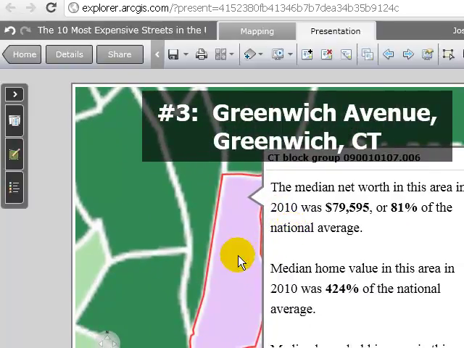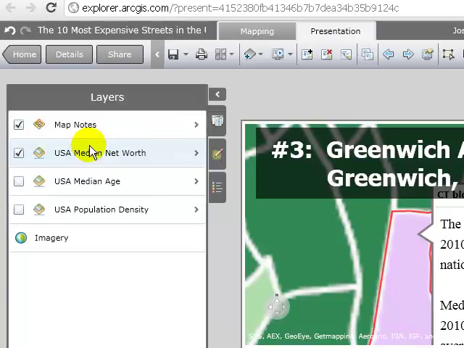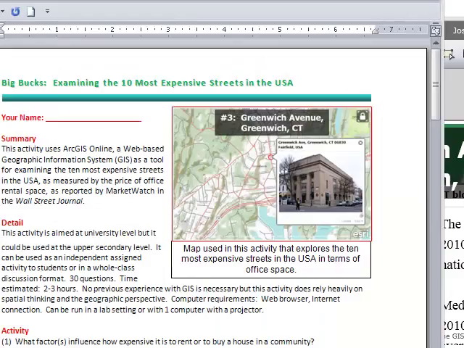This neighborhood, though, interestingly, is 79,000. It's actually below the national average. So why is this street so expensive? Clearly there's a lot going on here, and we're only looking at 3 different variables. But it begins to help us understand what's going on in these 10.